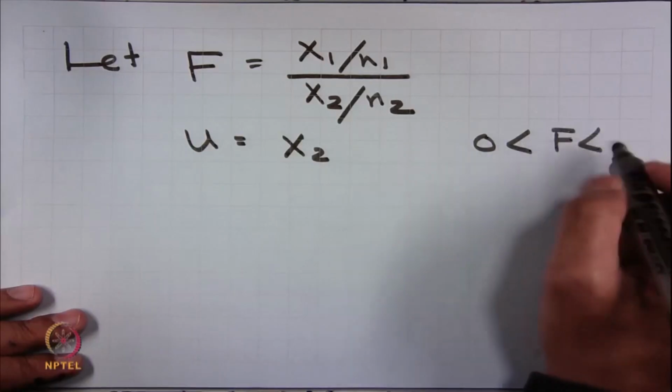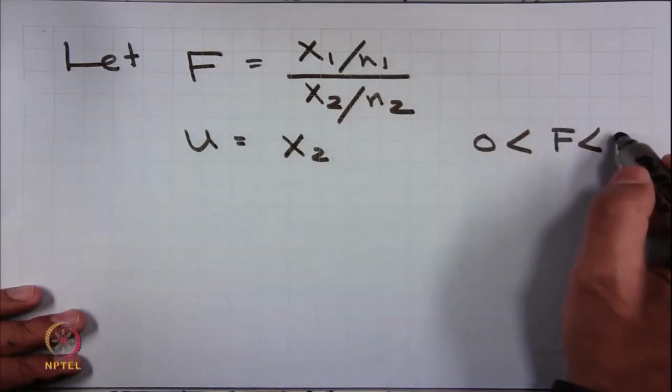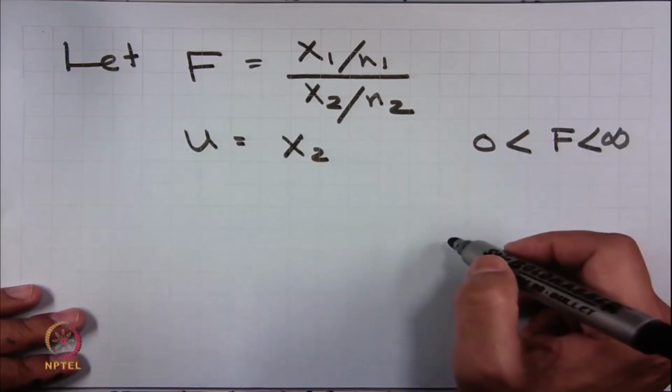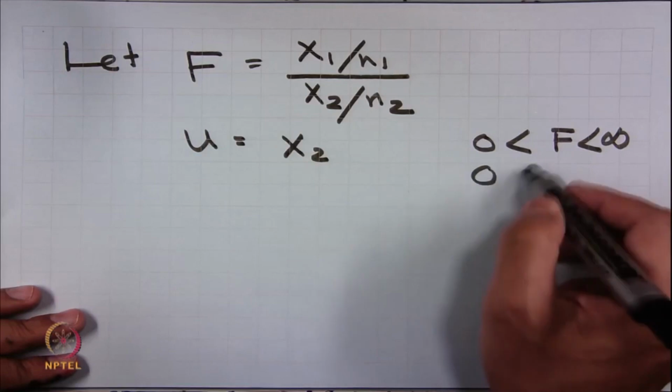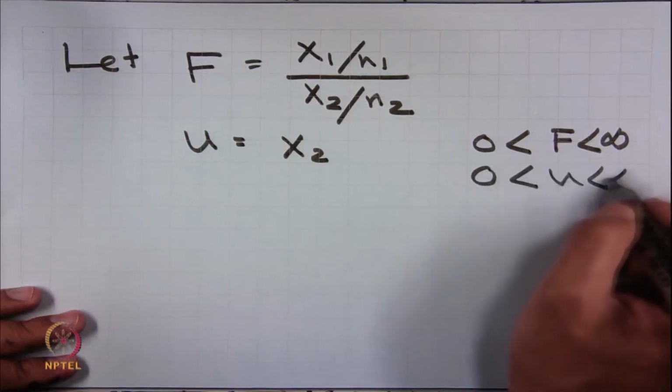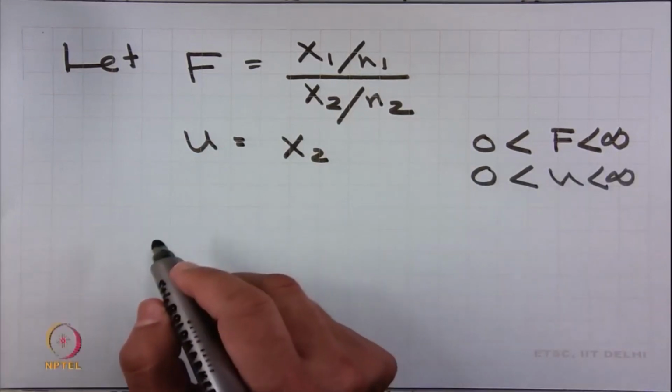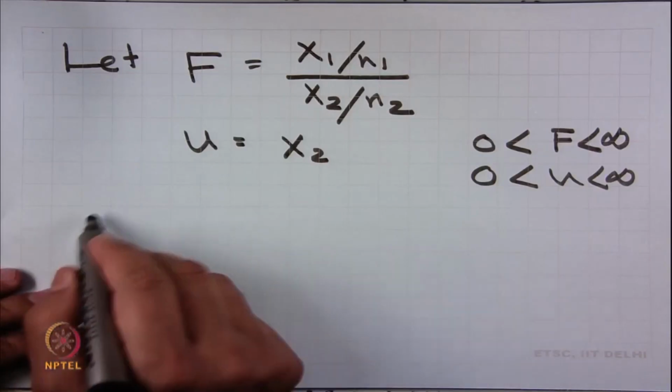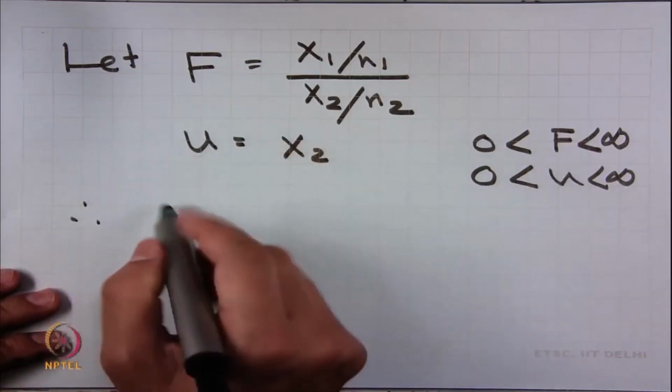As F is the ratio of two chi-square, both of them are going from 0 to infinity. Therefore, F is also going from 0 to infinity, and obviously, u is also going from 0 to infinity. Therefore, now we make the inverse transformation.